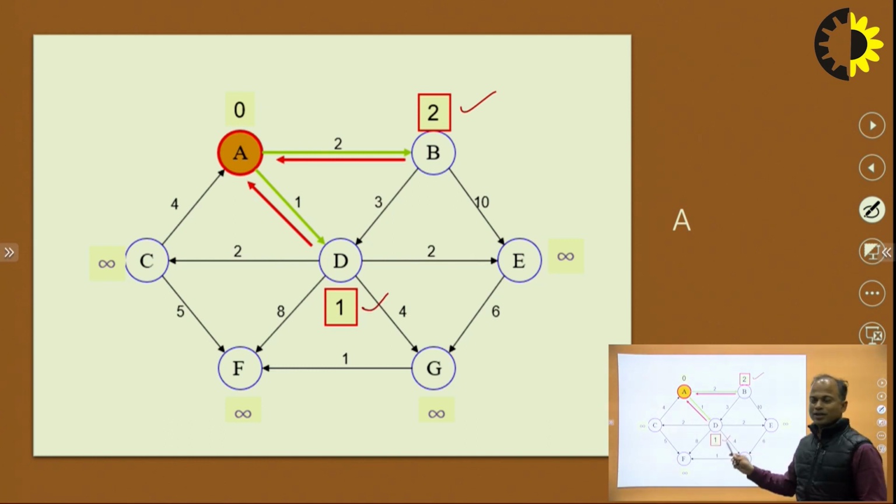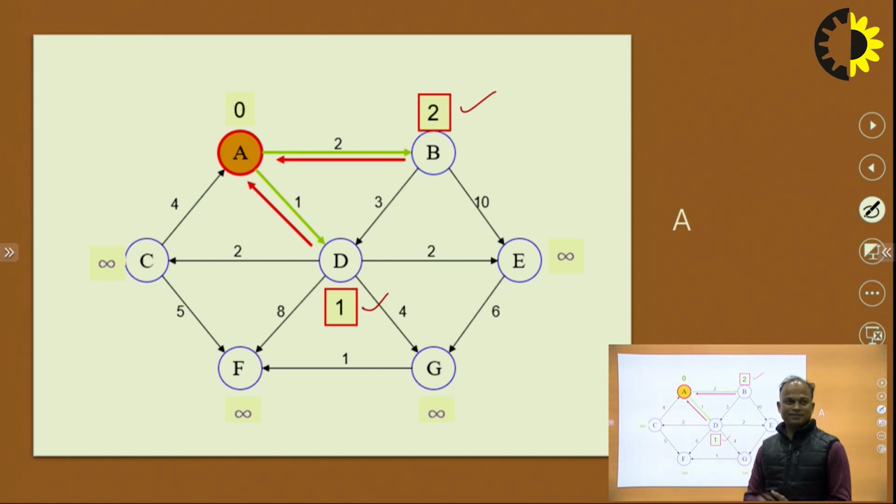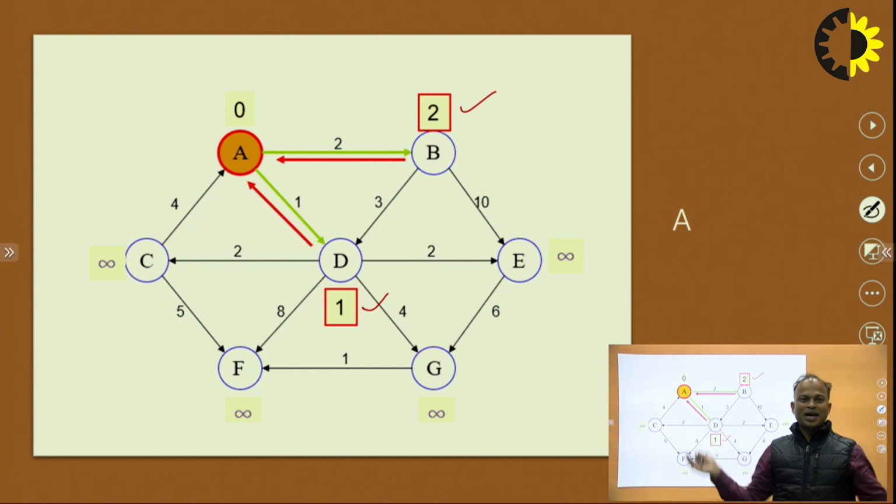So therefore, we have mentioned 1 and 2, and the rest of the values are infinity. In this way, we are marking the total distance traveled.